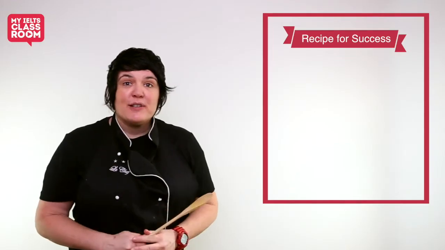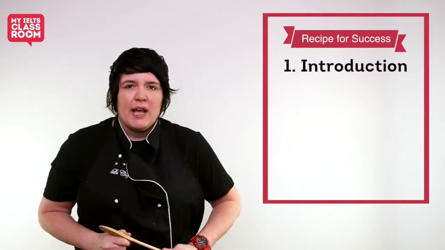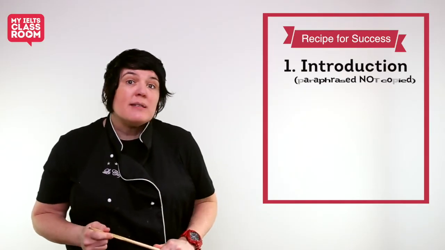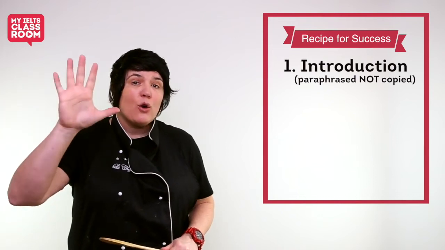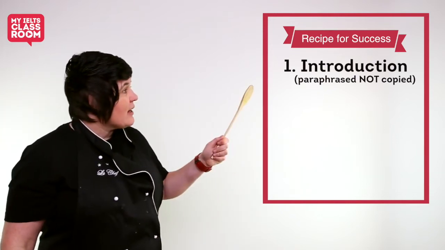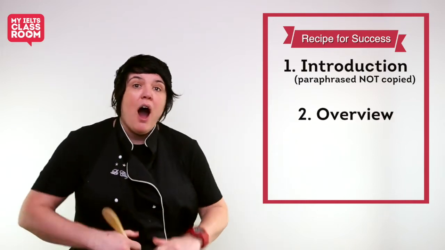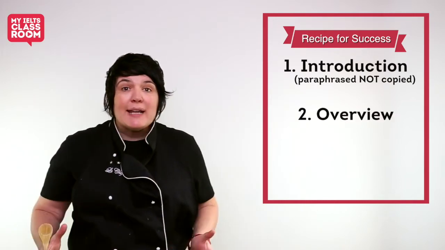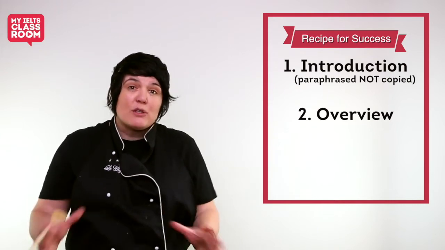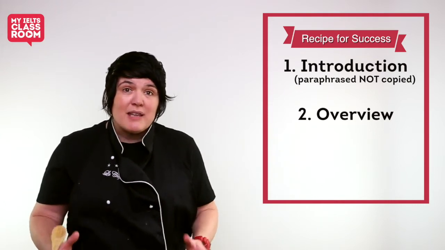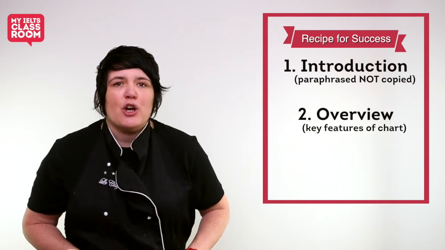If we put all this information together, we can see that our recipe for success is rather simple. First, we need an introduction that paraphrases the task but does not copy it. Second, the most important ingredient in our report, our overview, the place where we put all of the big trends, the general trends, the key features of our chart.